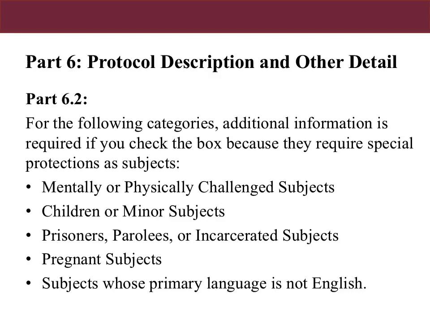For the following categories, additional information is required if you check the box because they require special protections as subjects: mentally or physically challenged subjects, children or minor subjects, prisoners, parolees, or incarcerated subjects, pregnant subjects, or subjects whose primary language is not English.